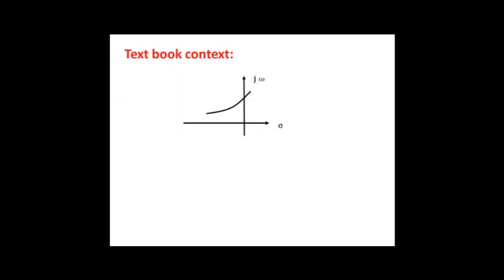We know that the parameter s in the characteristic polynomial is the sum of sigma and j omega, where sigma is the real axis and j omega is the vertical axis, or imaginary axis. When the characteristic polynomial is graphed for some control system gain, it will cross the imaginary axis.